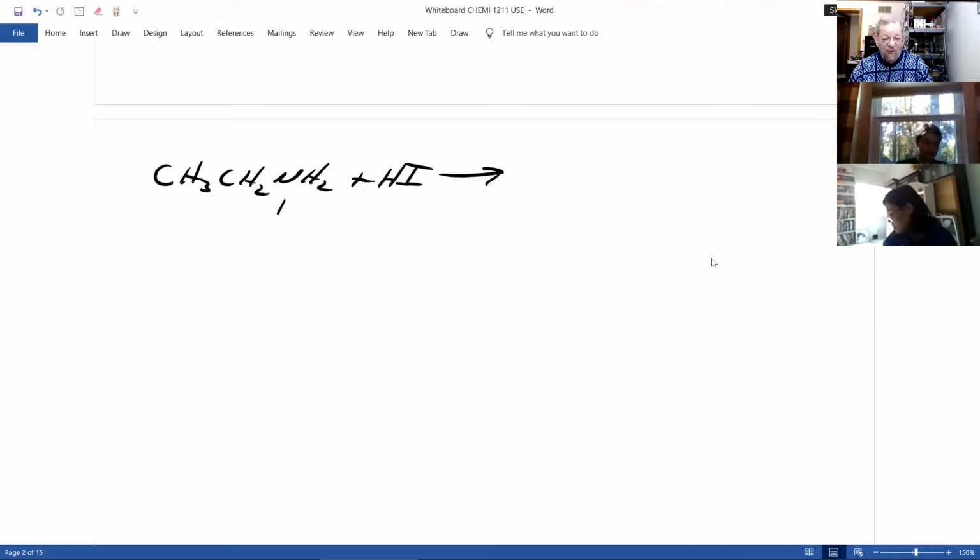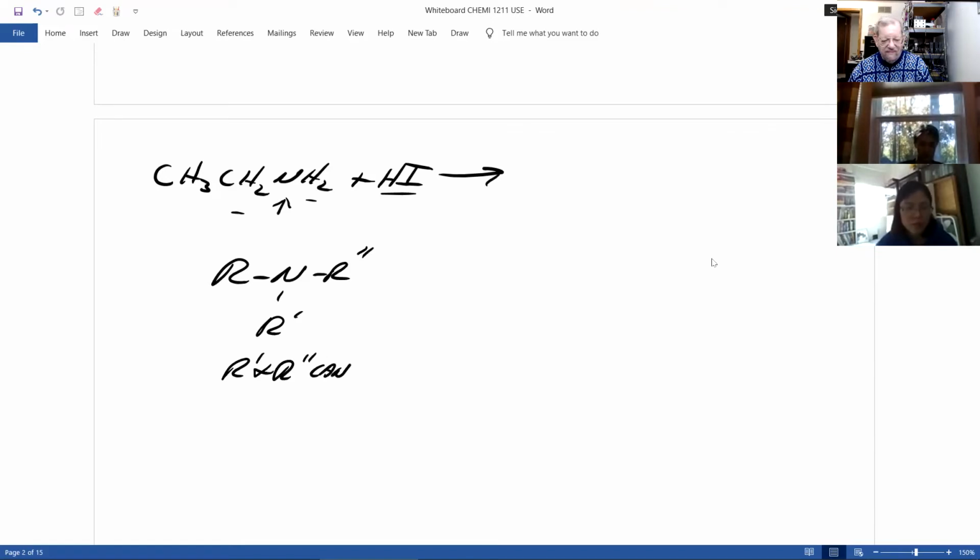Well, if I look here, what's a nitrogen with hydrogens and a carbon? That's a primary amine. But for this reaction, we have HX, an acid, where R prime and R double prime, one or both or none, can be hydrogens, plus HX, remember X equals chlorine, bromine, or in our case, iodine.